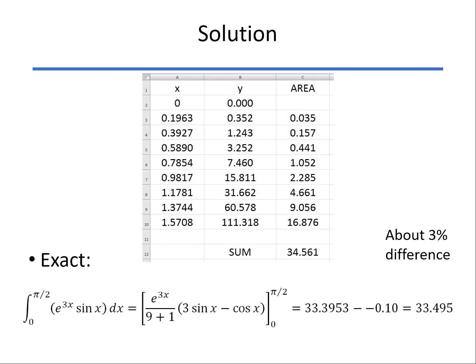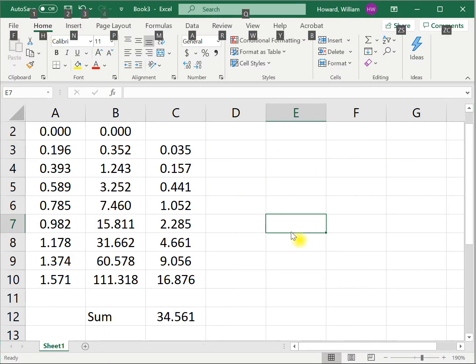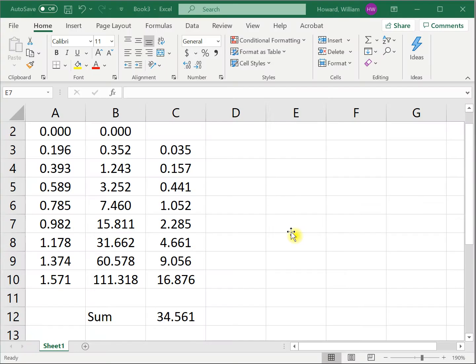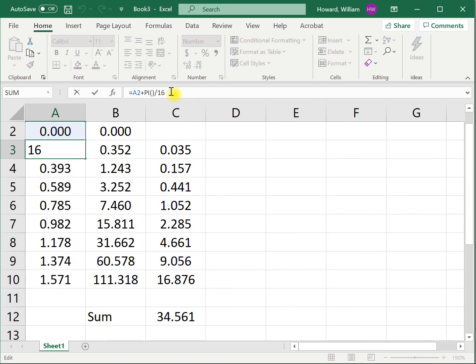So now let's look at the same integral, but now let's change the upper limit from pi over 2 to pi. And so what I have to do here, I can leave all this the same. I just have to change these x values. Instead of adding pi over 16 every time, I'm going to add pi over 8.